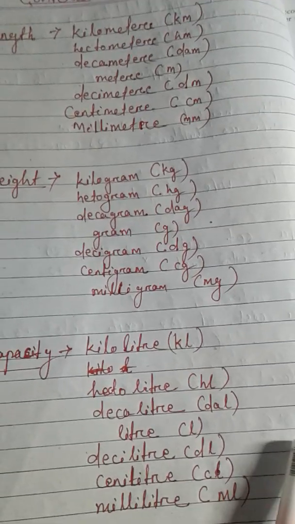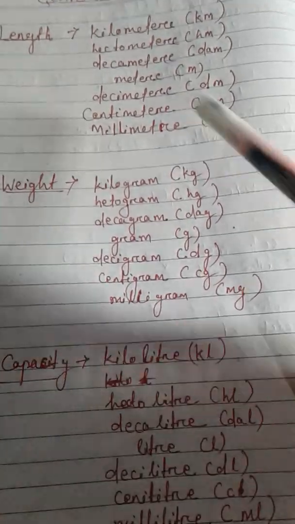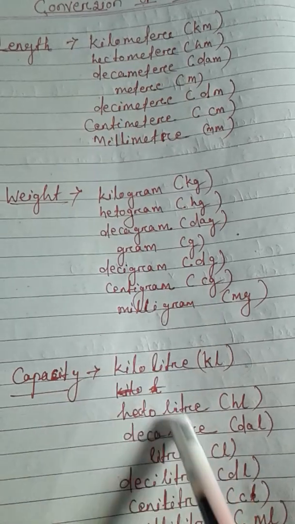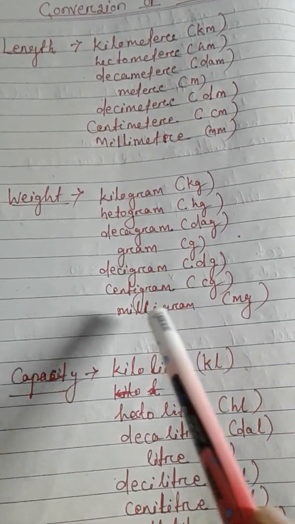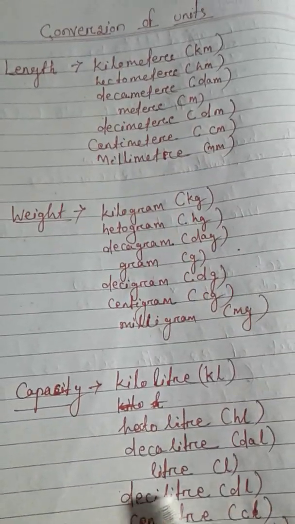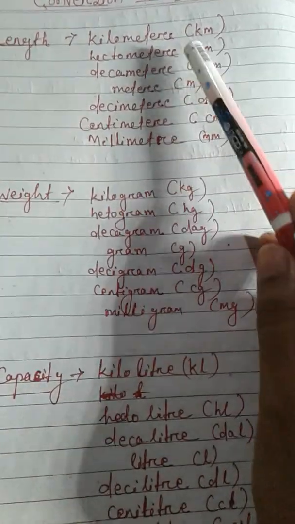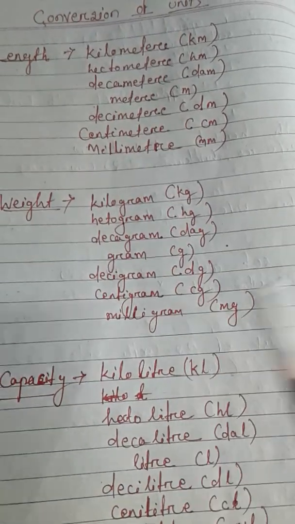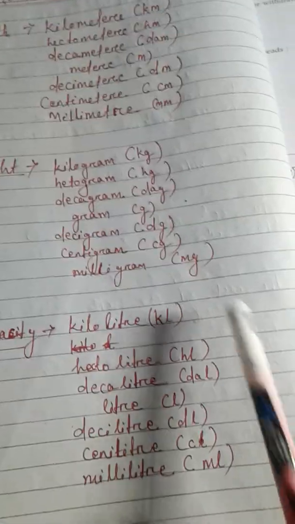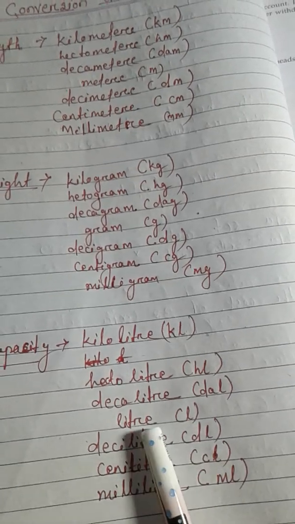So children, you noticed one thing: all this kilo, hecto, deca, deci, centi, milli are the same. For length we use meter, for weight we use gram, for capacity we use liter, and the rest are all the same.